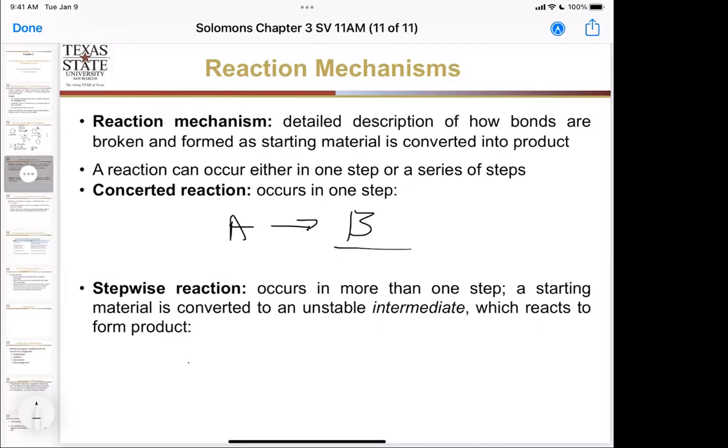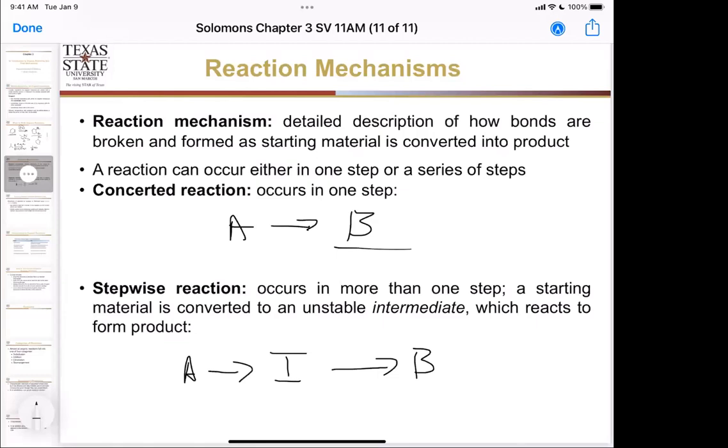But a lot of times we also have things where it goes from A to some intermediate compound, then it goes to B, okay? Usually the intermediate is some high energy material. It has more energy in it than the starting material or the product, and it wants to react very quickly, but it had to be created first before you can make your product.